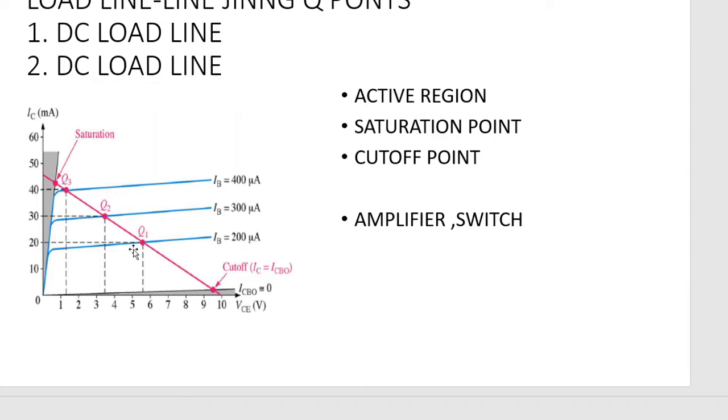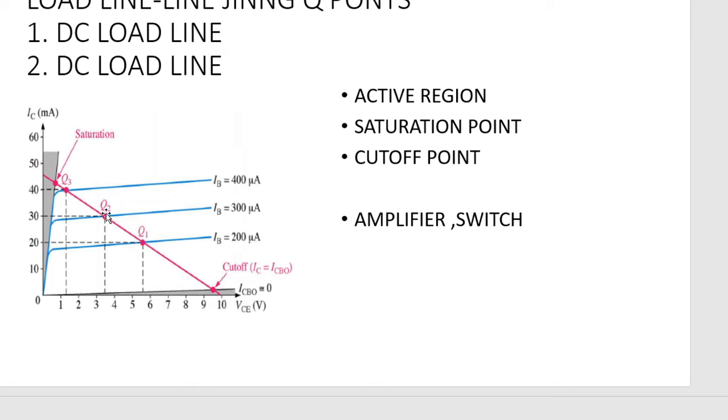This is the set of curves that we obtain when the transistor is configured in the CE configuration. When VCE is equal to 5.7 volt, you can see from the graph that the collector current is 20 milliampere. Again, when VCE is 3.5 volt, the value of IC is 30 milliampere.